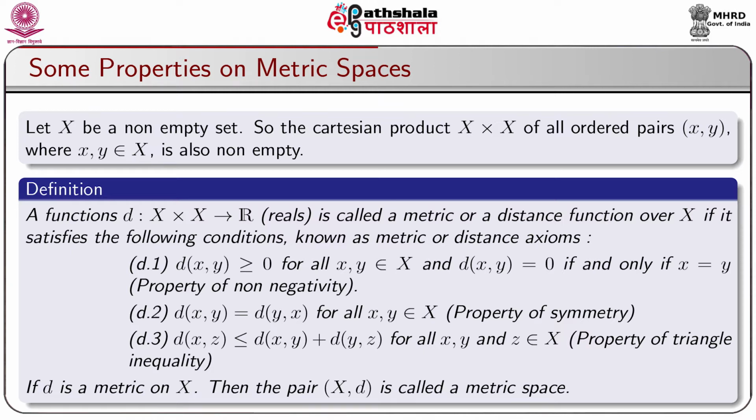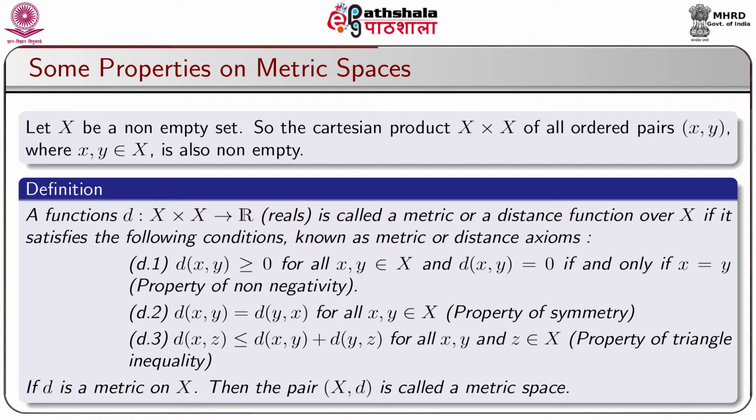The definition is as follows: a function d from X cross X to R, the set of all reals, is called a metric or a distance function over X if it satisfies the following conditions, known as metric or distance axioms.